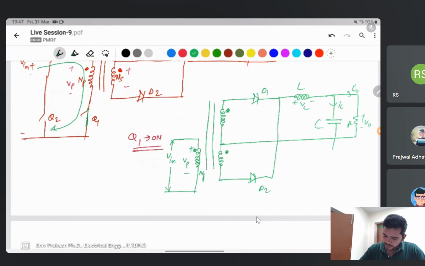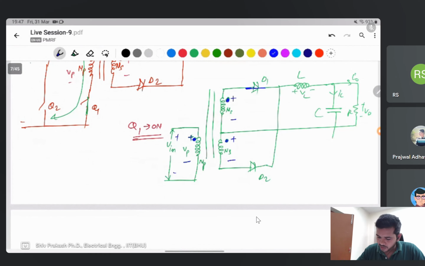This is the primary winding current, and this is the secondary winding. The dot convention shows that if this one is positive, connected to the positive terminal, then on the secondary side this one is also positive and this one negative. This positive is connected to the diode anode, so this diode will be forward biased. This negative is connected to the anode of the second diode, which is reverse biased, so current will not flow here. With switch 1 on, current flows like that.